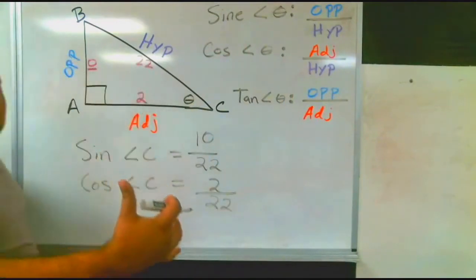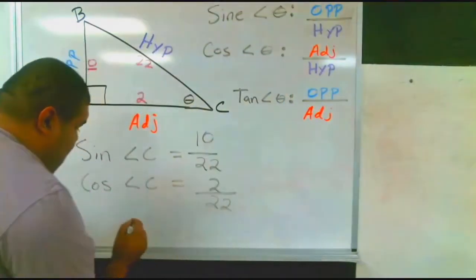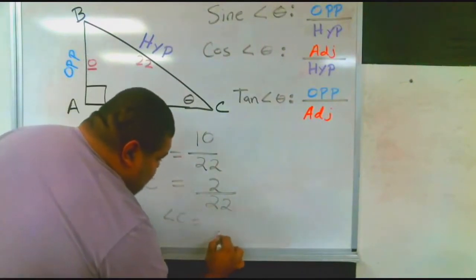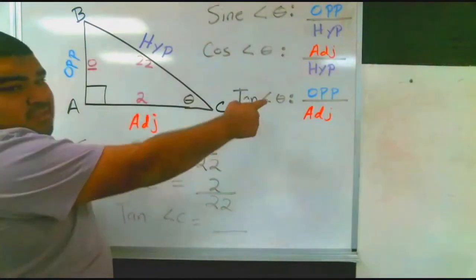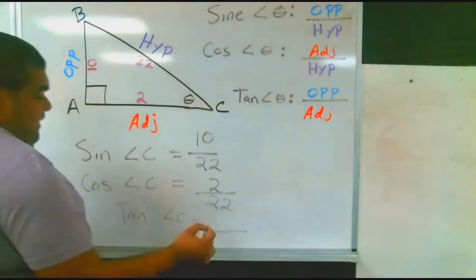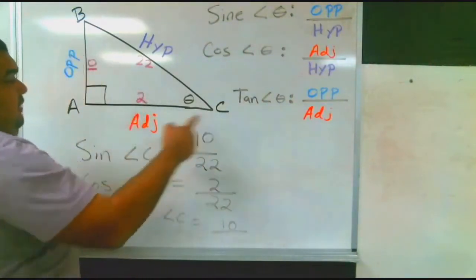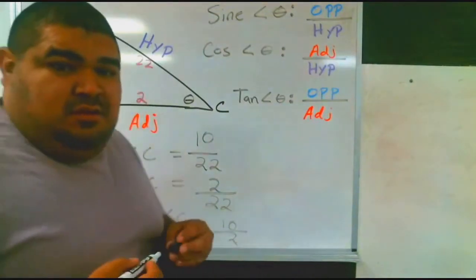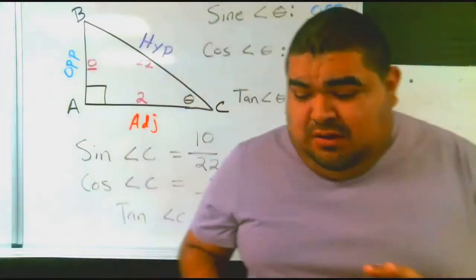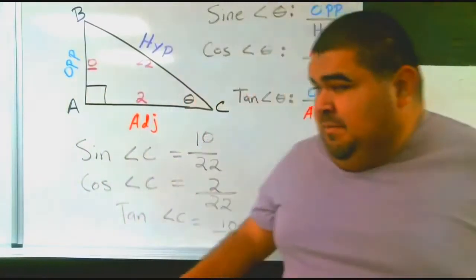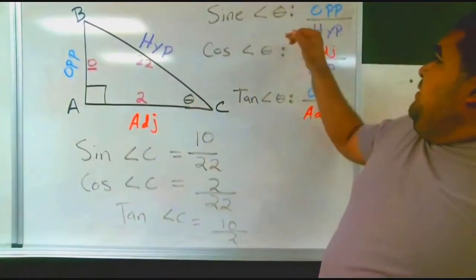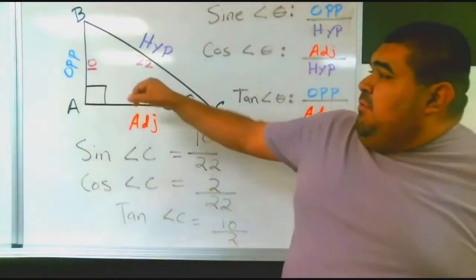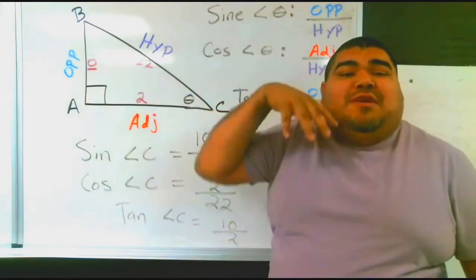And then finally, tangent of angle C equals opposite, which is 10, over adjacent, which is 2. And we are done. All we did was substitute opposite, hypotenuse, and adjacent for actual values that were given to us in the triangle.